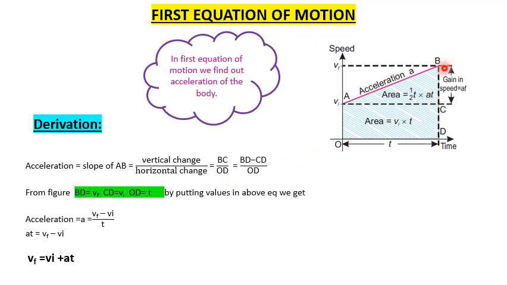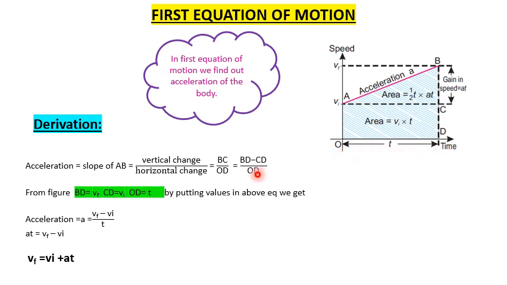Now we don't know the particular value of BC, so we will use BD minus CD, which will give us BC. So BC is equal to BD, this total length, minus CD, we will definitely get BC. From this graph, BD is final velocity, CD is the initial velocity, and OD is the time.